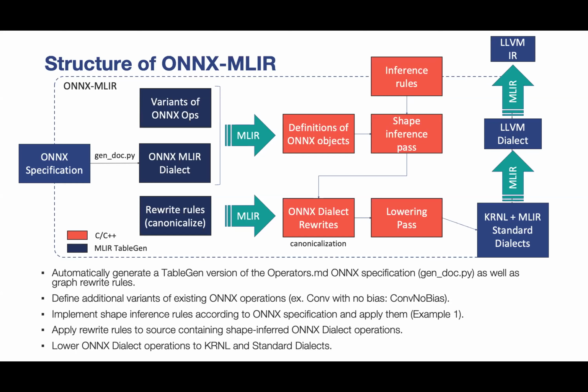There are several stages to this transformation, and one of the first ones is to infer all the shapes for all the operations. So given a model, we can transform this model into its ONNX dialect counterpart, infer the shapes, and once that is done, we can actually perform transformations on this code. We can make transformations that are both within the ONNX dialect itself, or we can transform this to other lower level abstractions.